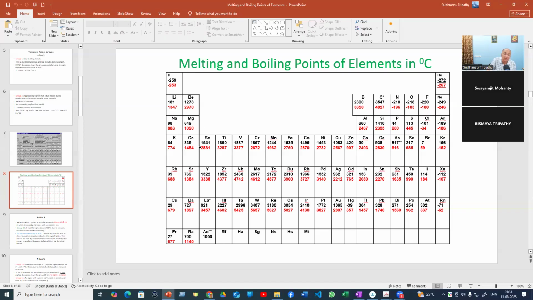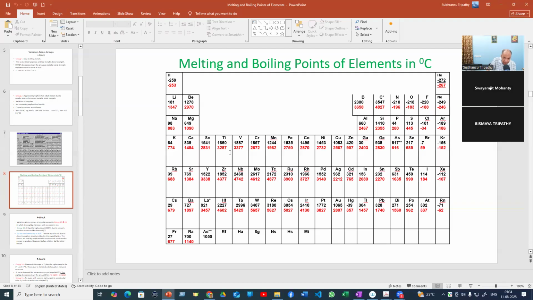But you see, titanium 1660, 1852, 2027. So only in the scandium group there is a decrease because the f block contraction effect comes here. But in all other groups, there is an increase.